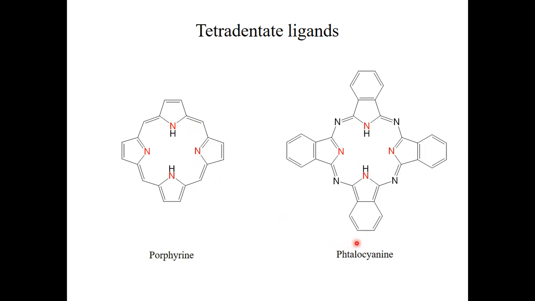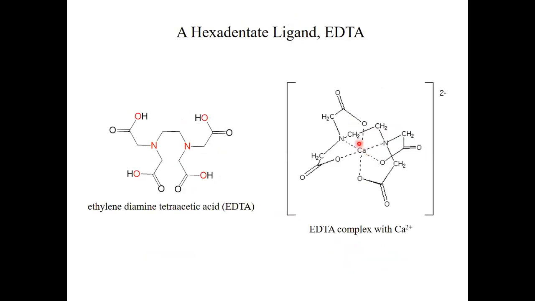So the phthalocyanine is a ligand that is commonly used to produce dyes. So depending on what metal ion you actually place into the center, you can create dyes of various colors.